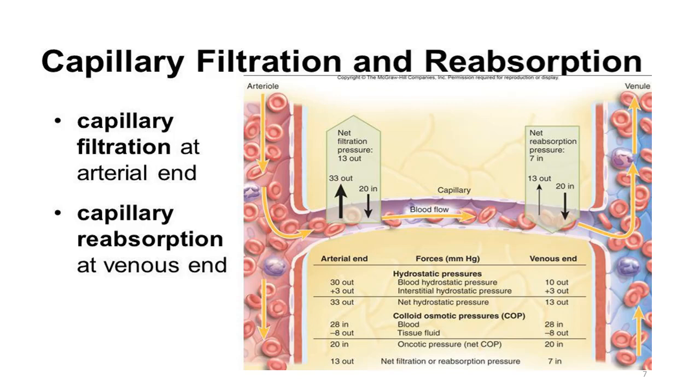So let's see the colloid osmotic pressure. Colloid osmotic pressure is because of proteins and other agents that are in the blood or in the interstitial fluid. So let's see the colloid osmotic pressure in the blood and in the interstitial fluid. Colloid osmotic pressure of blood is 28 millimeter mercury.